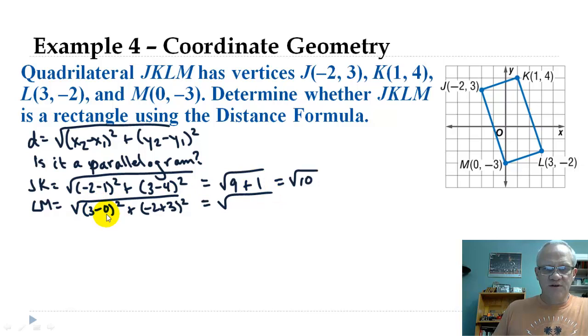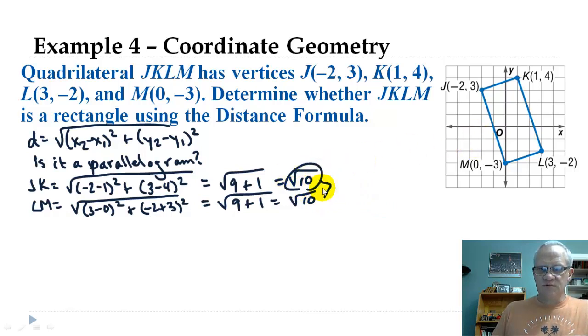So this will be 3 minus 0 is 3. 3 squared is 9. -2 plus 3 is 1. 1 squared is 1. Guess what? We've got the same thing. Okay, so what this proves is that those two are the same, so that means this side and this side are congruent.